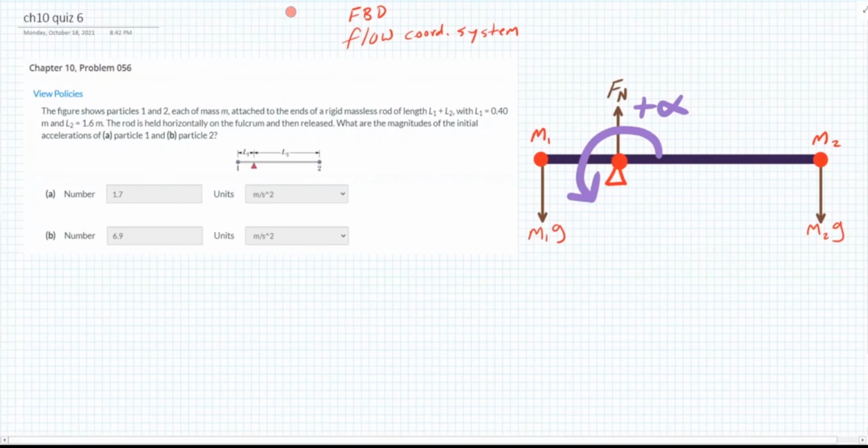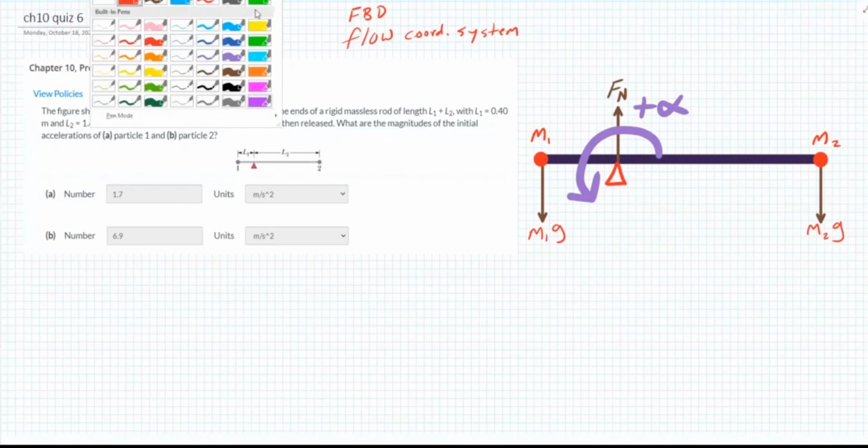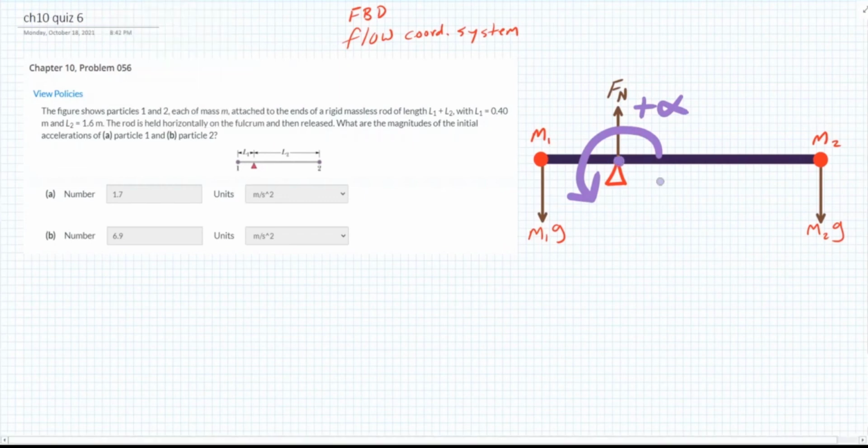That's not a good color, that's conflicting. Good enough. Okay, this is my AOR. So again, I don't have to consider X or Y because everything's moving in a circle. Everything's rotating.